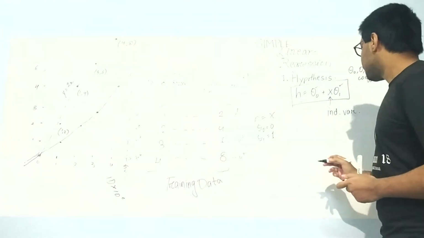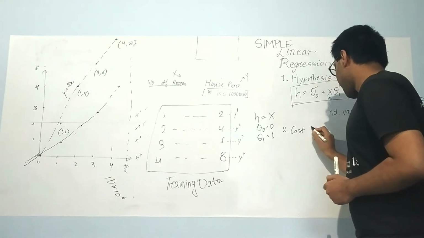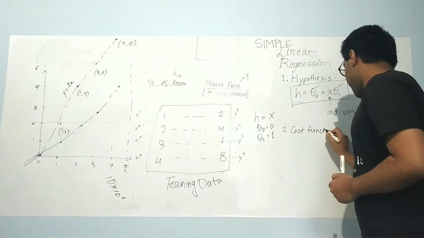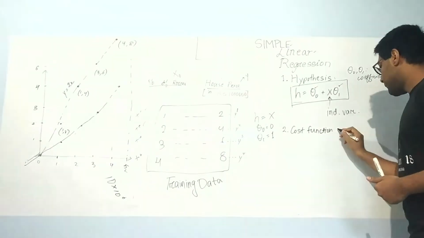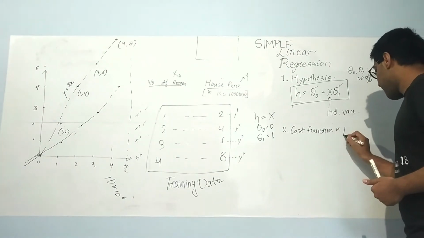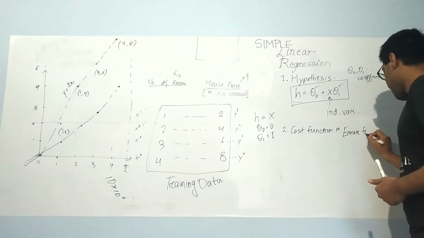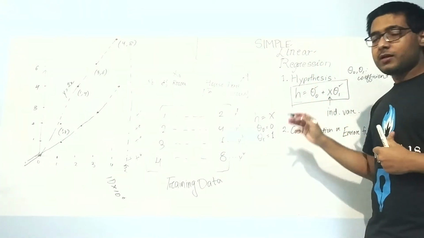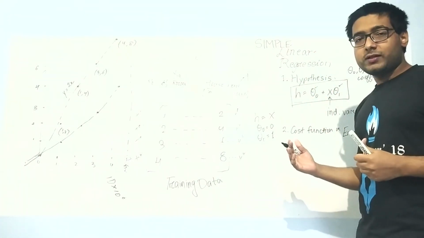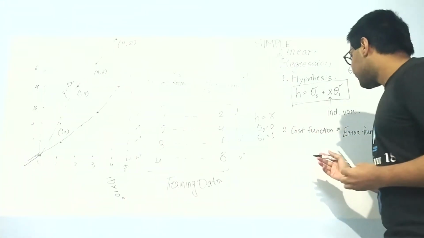Okay, so our next step will be the cost function. It is also called error function. Now, in case of simple linear regression, the error function that we will use is called, let me just write out the function for you.